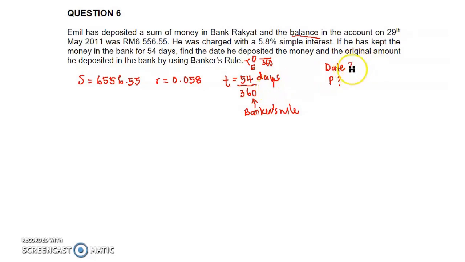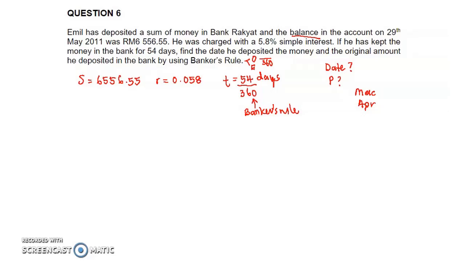Okay, you need to calculate backward from 29 May. Okay, so previous example that we have done, given the borrowing date, for example, March, then find the date of repayment, for example. So this one, we need to calculate forward. Forward means from March, April, May, June, and so forth. Okay, that is forward.